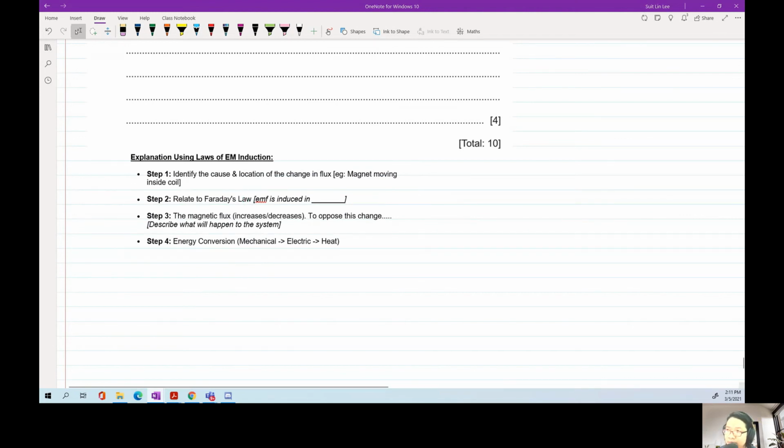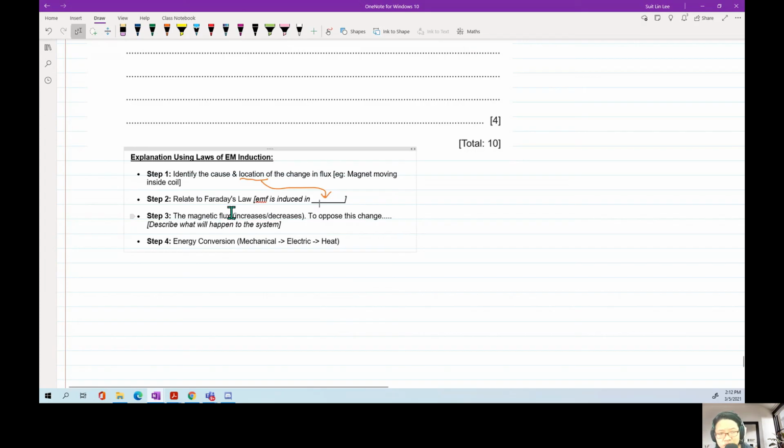For example, the EMF will be induced in the sheet. So wherever there's a place where there's a change in flux, the EMF will be induced inside this place. Relate to the question, okay?